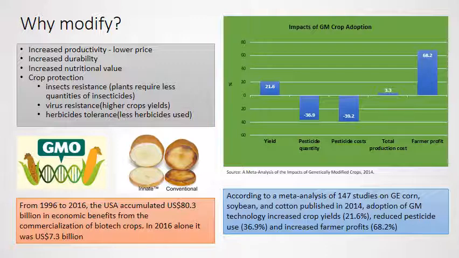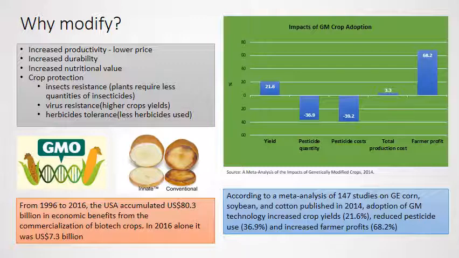In the 21 years of commercialization of biotech crops, the United States accumulated $80.3 billion in economic benefits, and it was $7.3 billion in 2016 only. Globally, biotech crops gave $18.2 billion of economic benefits in 2016.